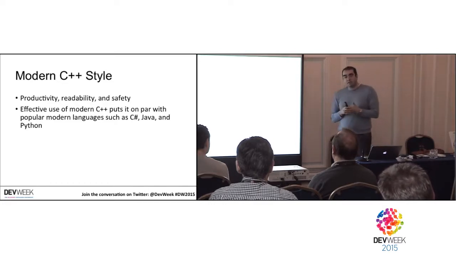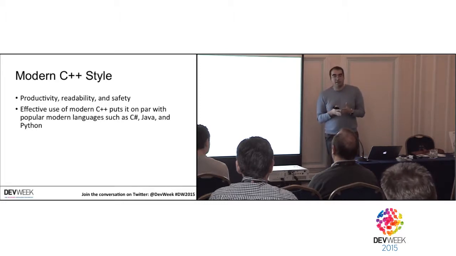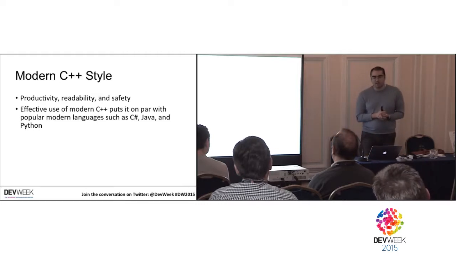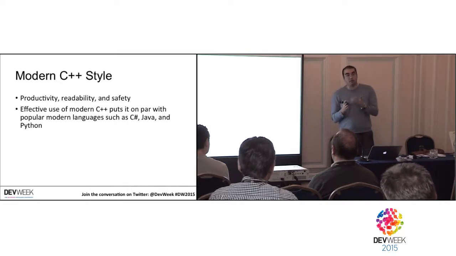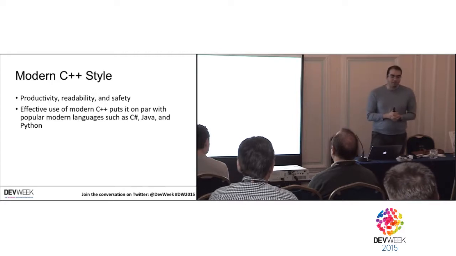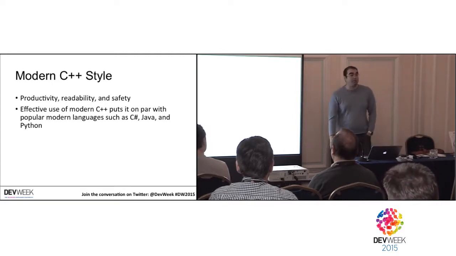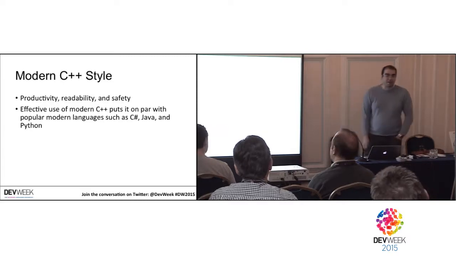Modern C++ code can be as readable and short as, say, Python or C# in many cases. And the important thing is we're not compromising on performance anywhere. We're not compromising on portability. We're not compromising on the things that used to make C++ great, and they still make C++ great. And I think it's a really impressive accomplishment for the ISO C++ committee.